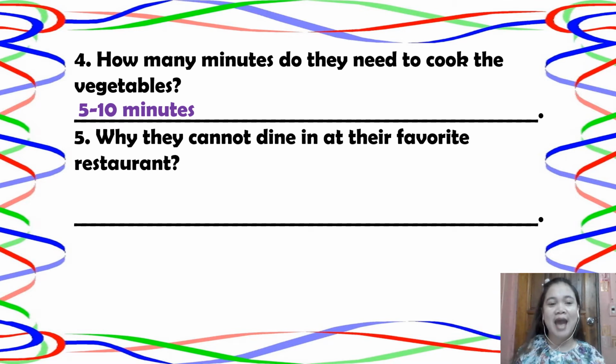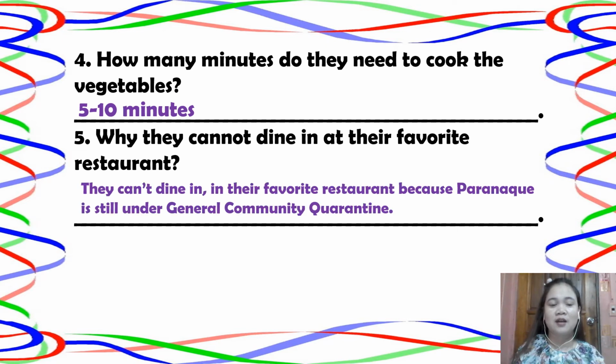Last number we have, why they cannot dine in at their favorite restaurant? Very good. They can't dine in their favorite restaurant because Parañaque is still under general community quarantine.